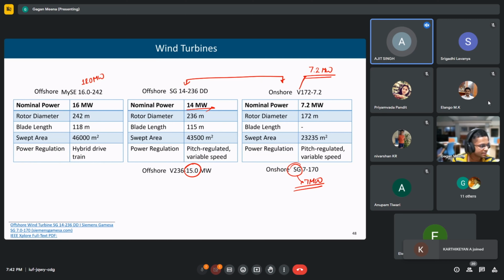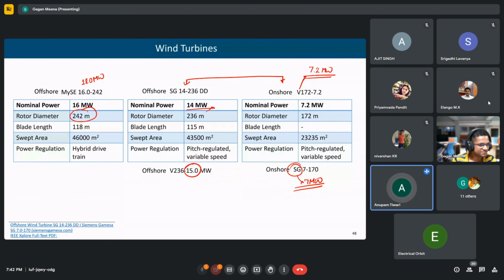So what is the height of these turbines? Hub height. You can say it is at least 1.5 times the blade length. Yes, correct.